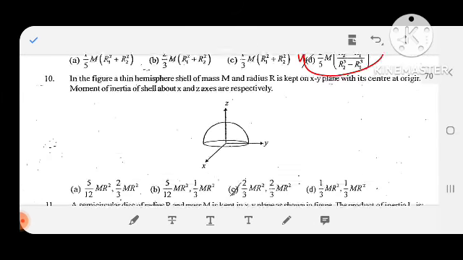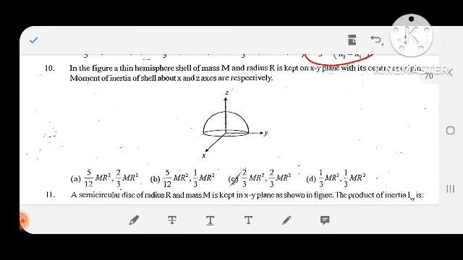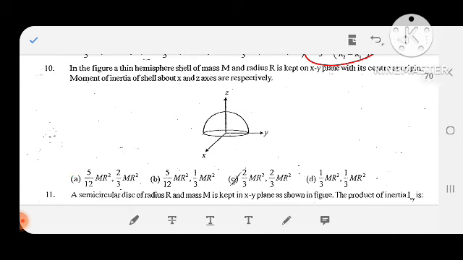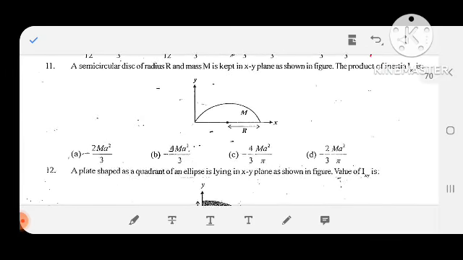In the figure, a thin hemispherical shell of mass m and radius r is kept in the xy plane with its center at the origin. Moment of the inertia of the shell about x and y axes are respectively होगा 5/10 mr² and 2/3 mr². Next है, a semicircular disc of radius r and mass m is kept in xy plane.